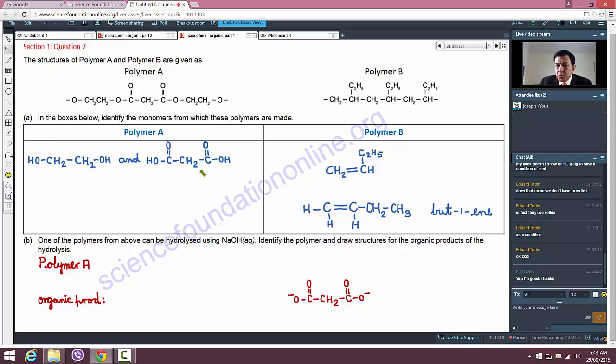And of course, there are two acid bits at the two ends. So that's why you end up with the C double bond O minus at each end of the acid molecule. And the other product, of course, is our 2-carbon alcohol with the OHs at the two ends.